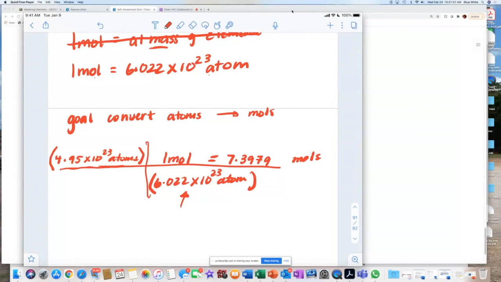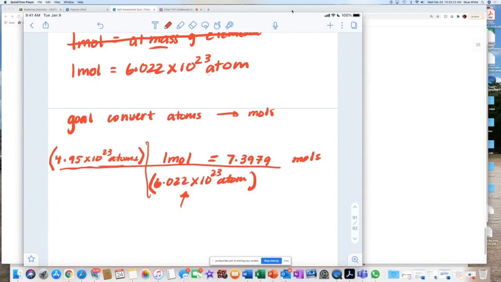Oh, something here looks off. I think I pressed the wrong thing. Hold on, let me double check this number. 4.95 exponent 23, to the right, close parentheses, divided by open parentheses 6.022 exponent 23 to the right, close parentheses.